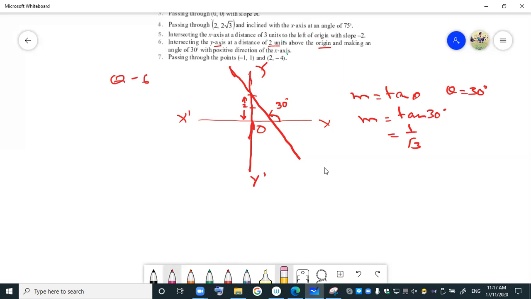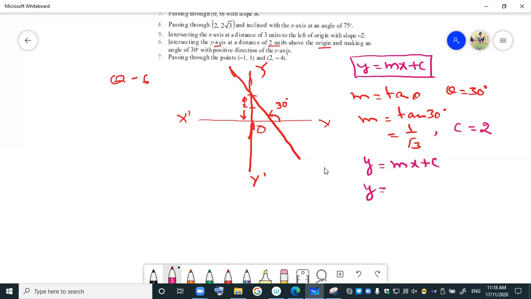Y is equal to mx plus c. We will use this formula, y is equal to mx plus c. This is the condition when the line is making an intercept on y-axis. So m we have to find, and c is the intercept on y-axis. C is given to us as 2. So now put in the equation y is equal to mx plus c.